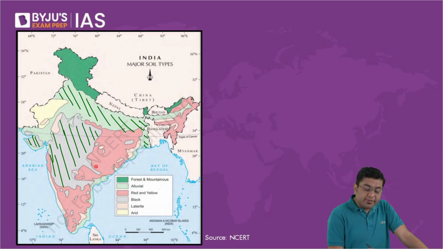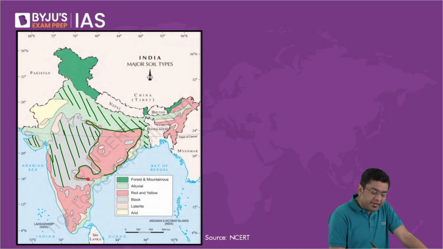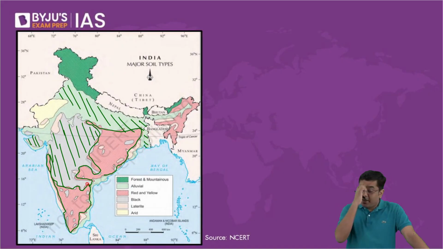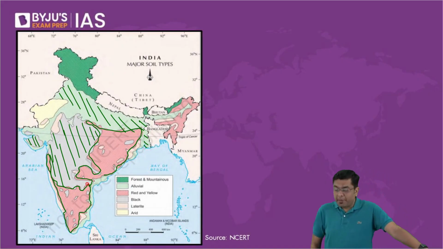In the rest of the areas of the plateau, you will find the presence of what? Red and yellow soil. Wherever rainfall is high, you will find the yellow soil. Wherever rainfall is low, you will find the presence of red soil. Okay, that is how you have the spread.